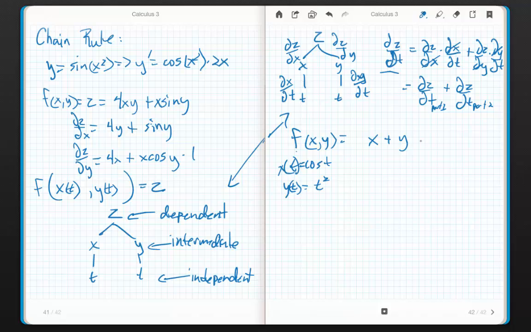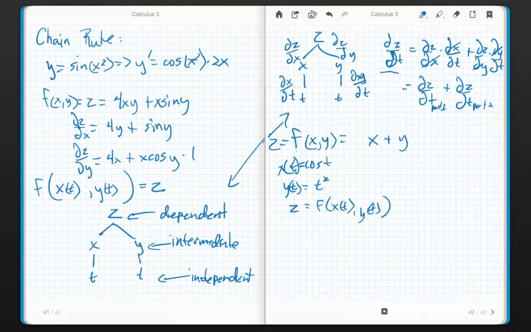Well, it's a little bit confusing because I am saying that z, this function, right? That's this guy right here. I just want to make sure that we're clear on the notation so we don't get screwed up. Z is actually equal to f of x of t comma y of t.